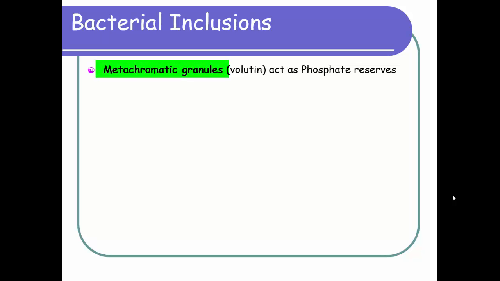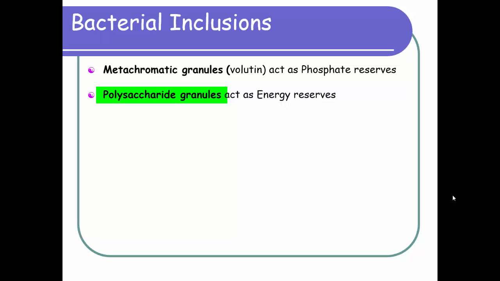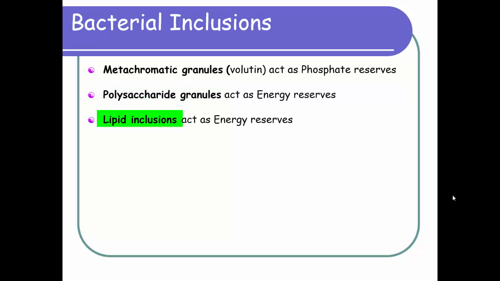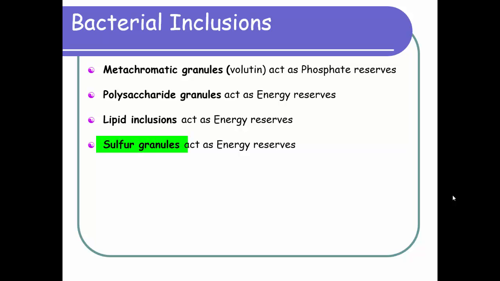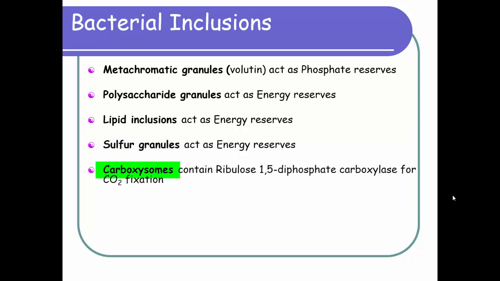The metachromatic granules, known as volutin, act as phosphate reserves within the bacterial cells. Polysaccharide granules can act as energy reserves. Lipid inclusions can also do this. Sulfur granules as well. The carboxysomes contain ribulose 1,5-bisphosphate carboxylase, which is for carbon dioxide fixation.